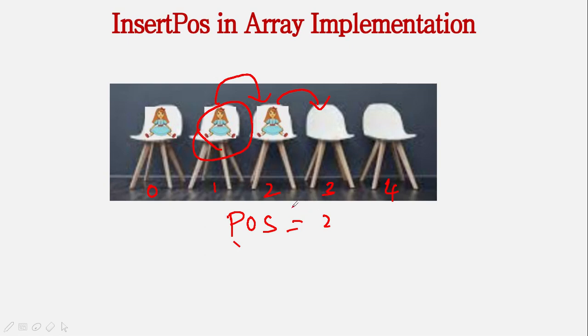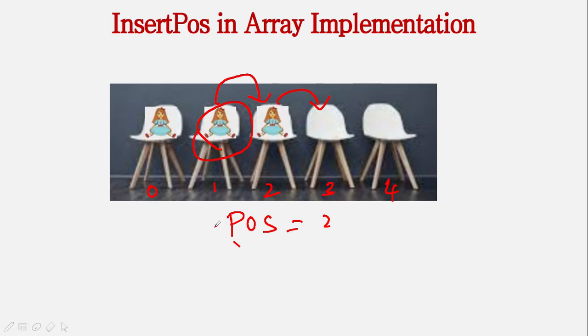Now let us look at the complexity of the algorithm. How can we write the complexity? Whether it is constant? No, definitely no. It depends on the number of elements already in the list.